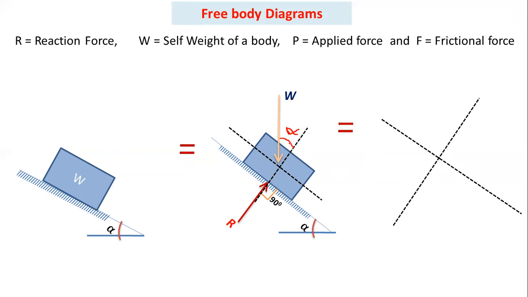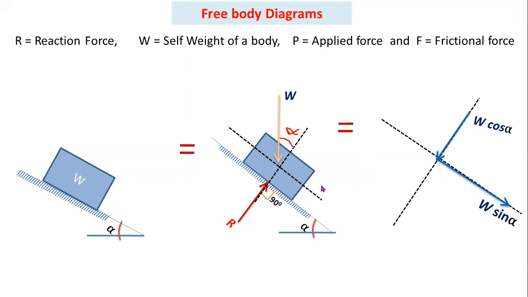Here this is the angle alpha. So you have to convert this W with respect to this axis and this axis. So this W cos alpha is the first component, W sin alpha is the other component. These two are the components for self weight W.